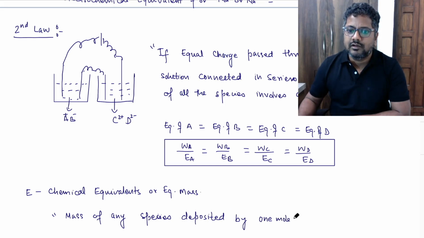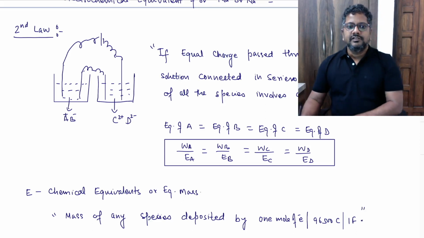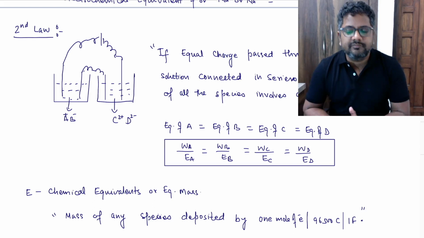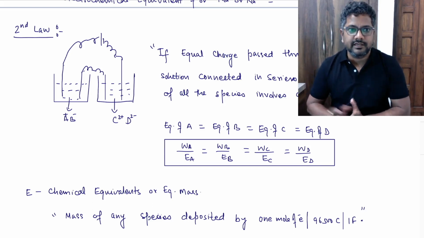And above we have calculated that 1 mole of electrons is 96500 coulombs, or 1 Faraday of charge. Right? So this is the mass deposited by 1 mole of electrons.